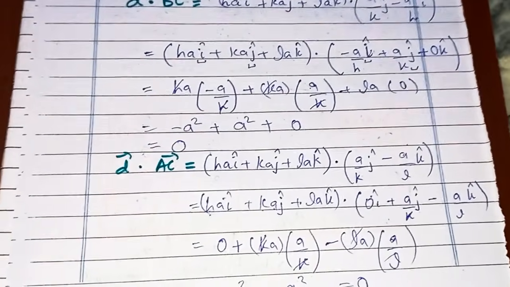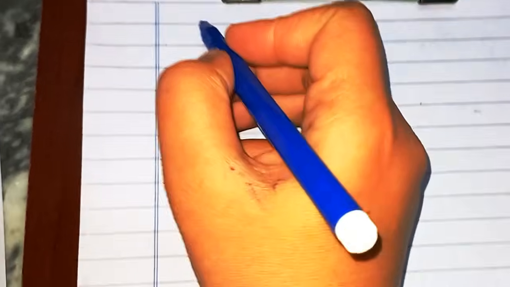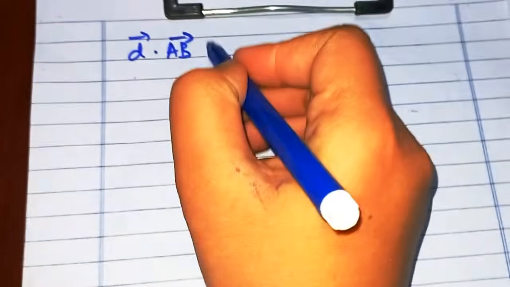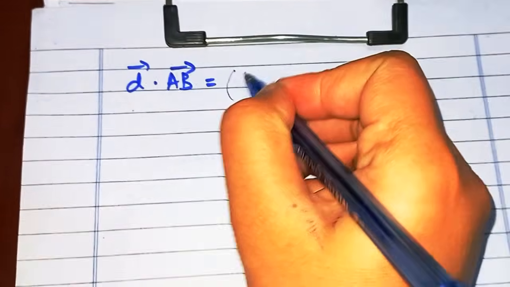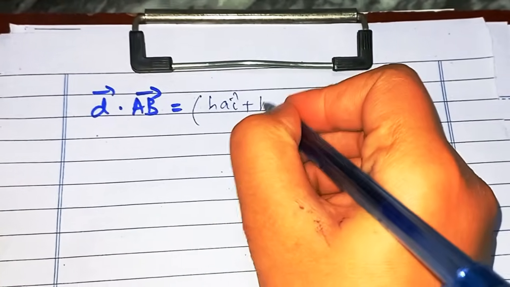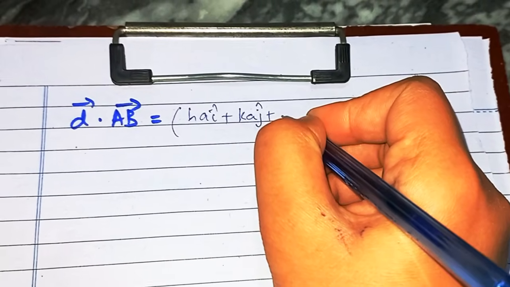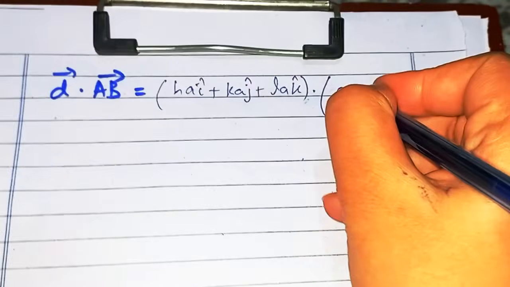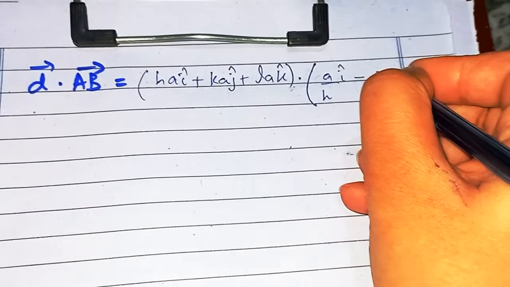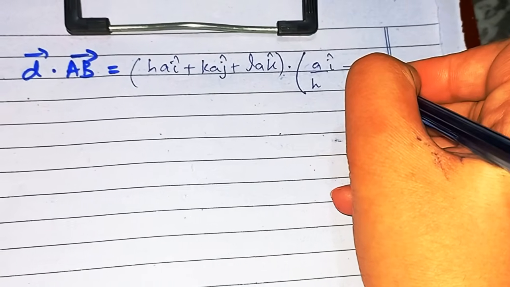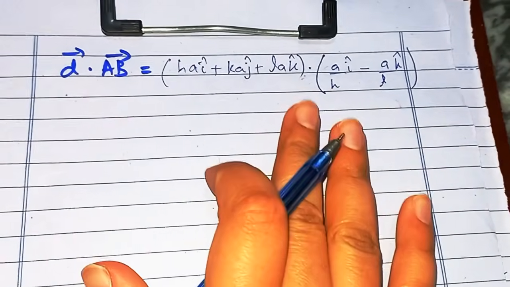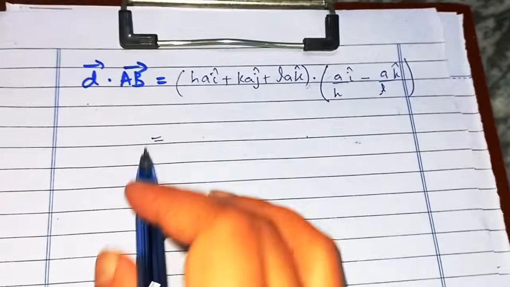Now let's see the last one, D dot AB vector. HA I hat plus KA J hat plus LA K hat, dot the AB vector, which is A by H I hat minus A by L K hat.